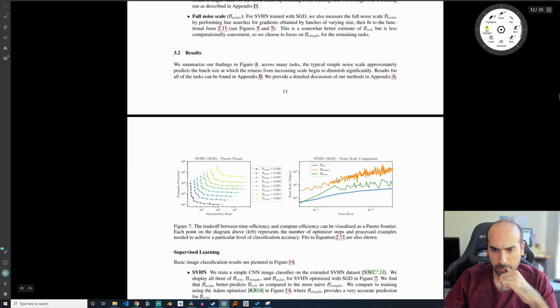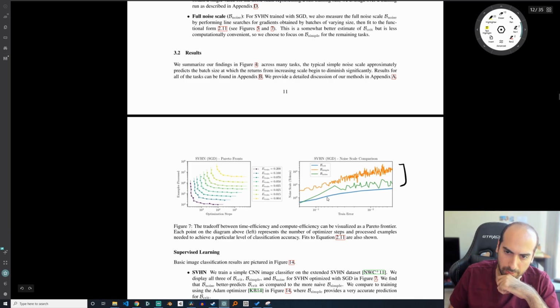B critical, B simple, B noise. Oh, I see. So there's about like a 10x difference, maybe 100x. Let's say about 10x, right?